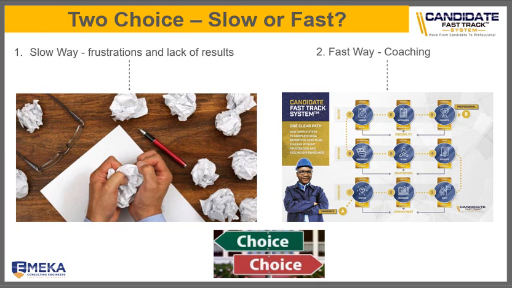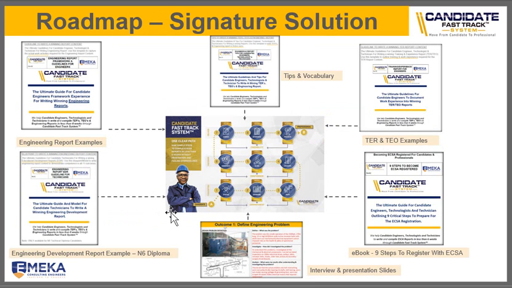So it's very important. Now, this is the complete signature solution. When you come to the training, you'll get all these engineering report examples. You'll get tips and vocabulary, what words to use, how to write the content. You'll get examples of the TERs and the TEOs. You'll get the ebook also with the 9 steps to register with ECSA. You'll also get some interview and presentation slides that we have prepared for you. And for those that have a National Technical Diploma, the N6 diploma, there's an extra report that you need to submit.